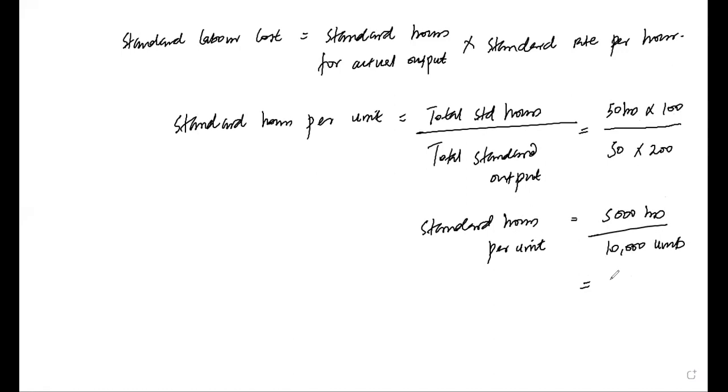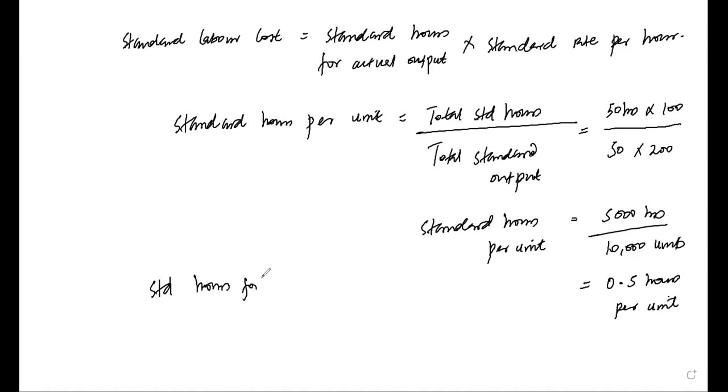Therefore, on each unit we produce, we should be using 0.5 hours per unit. In terms of standards, each unit this company produces, they should be using 0.5 hours to produce a single unit.